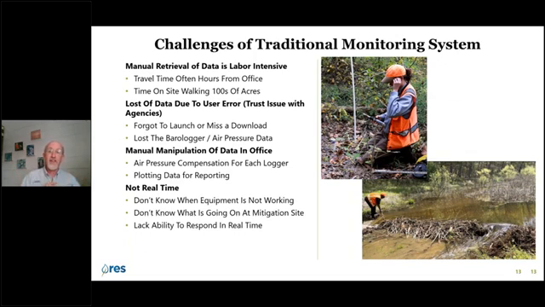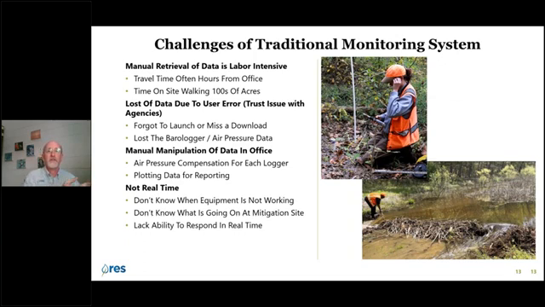As in any endeavor, in monitoring there's always potential for loss of data to user error, which, I get a cold pit in my stomach when that happens, because you're worried that it creates a trust issue with your agencies, that you're trying to hide something. And most of the time it's something very simple.